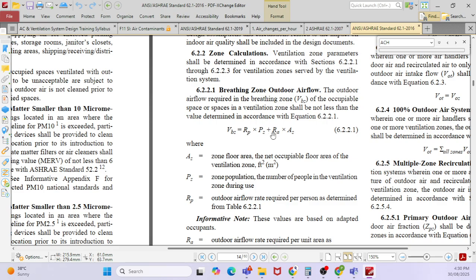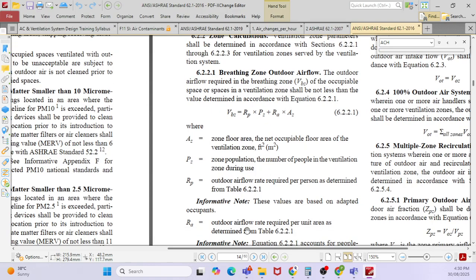RA is the outdoor airflow rate required per unit area as determined from Table 6.2.1, multiplied by AZ, the zone floor area, the net occupiable floor area of the ventilation zone. This is the calculation for the breathing zone outdoor airflow requirement.